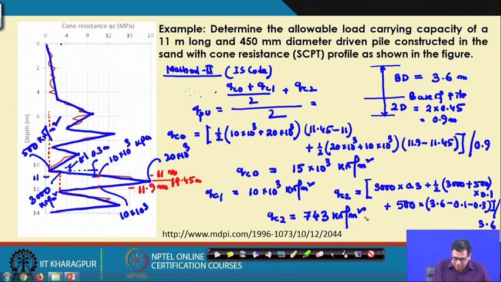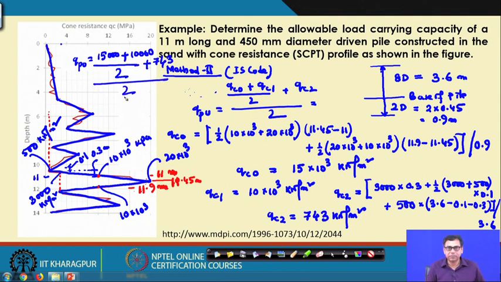Now, if I put these values here, my QPU will be equal to 15,000 divided by QC1, which is 10,000, divided by 2, plus 743 divided by 2. So, that is equal to 6621.5 kilonewton per meter square.